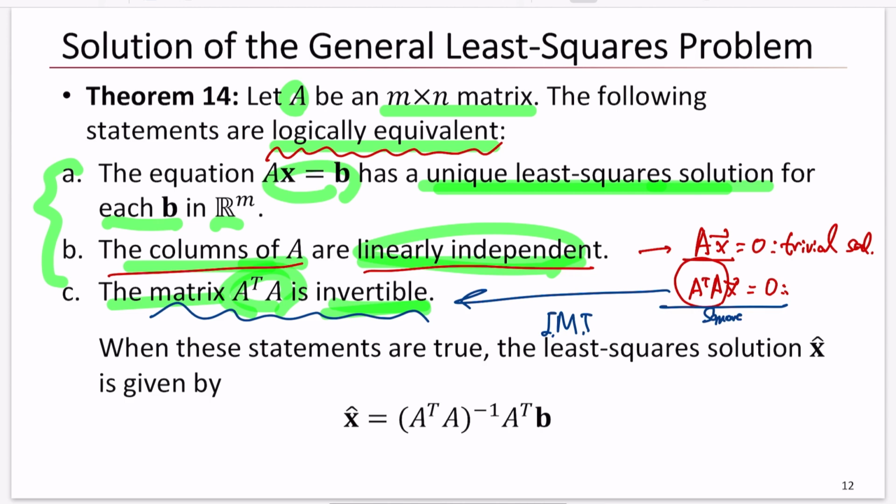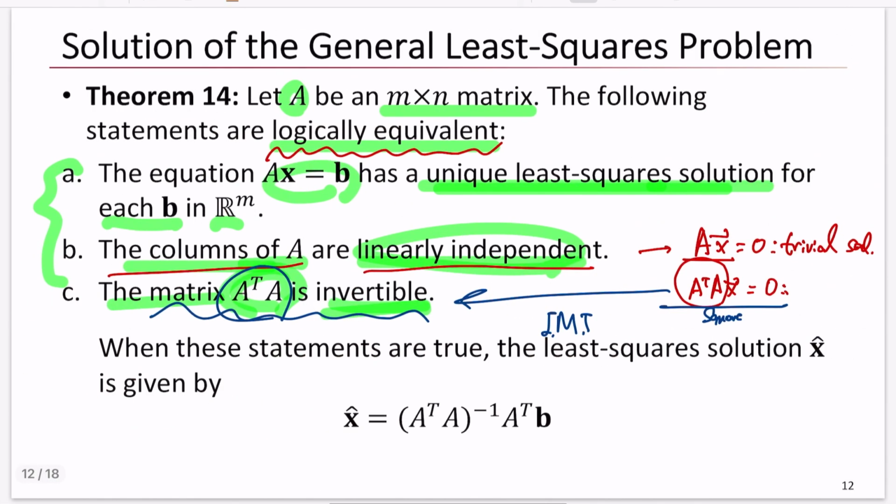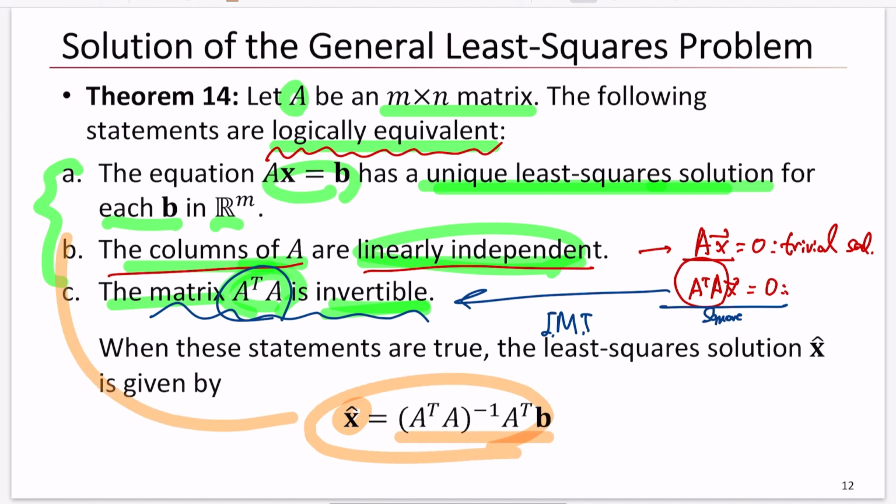So if ATA is invertible, based on this observation the solution is unique: x hat is equal to ATA inverse times ATB. Unique.